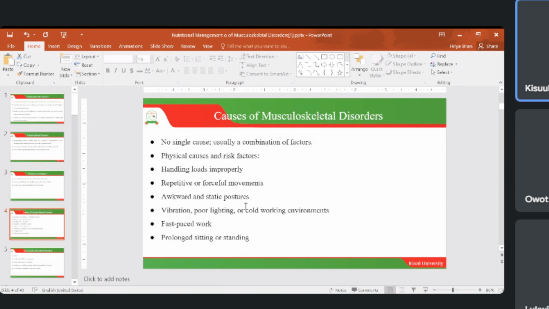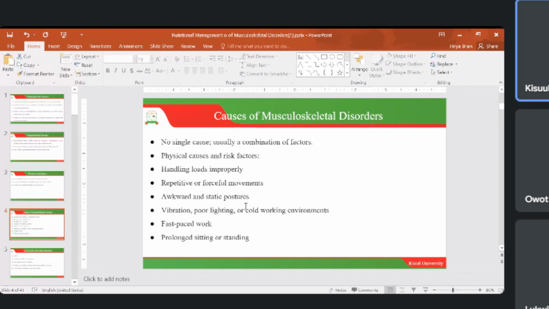So, what are the causes of these musculoskeletal disorders? We are saying they are multifactorial, usually a combination of different factors. From physical causes and risk factors such as handling loads improperly, repetitive and forceful movements, awkward and static postures, and this is very common for people who are working in offices.